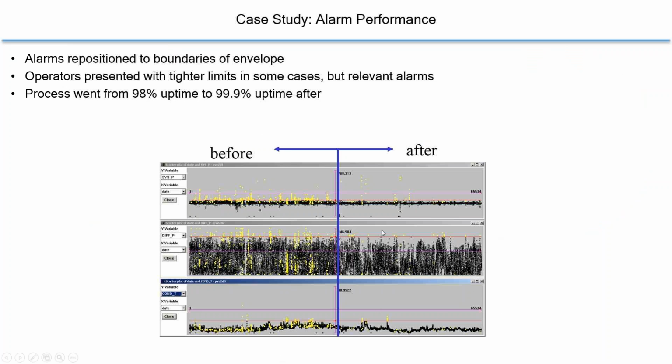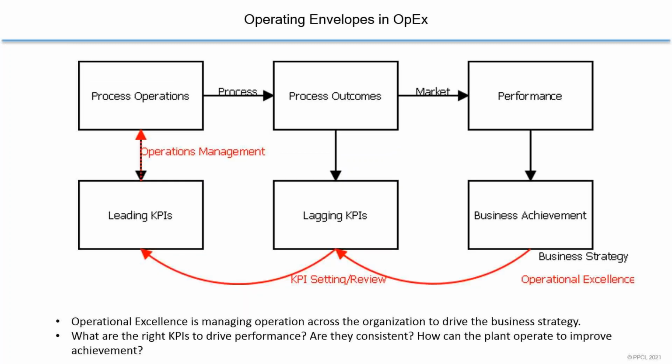Here, the customer who implemented it, comparing the years before and after, managed to go from about 98% uptime to over 99.9% uptime. So a 20-fold reduction in lost production just due to using a new method to look at alarms and perform alarm rationalization. So that's a huge difference in terms of production and what we actually care about in terms of the value of an alarm system.